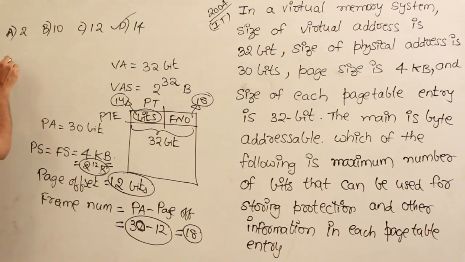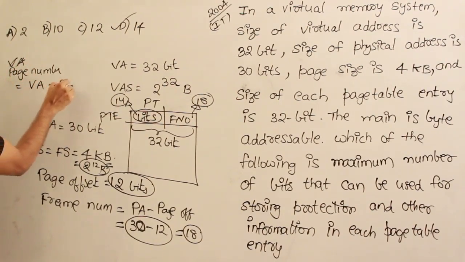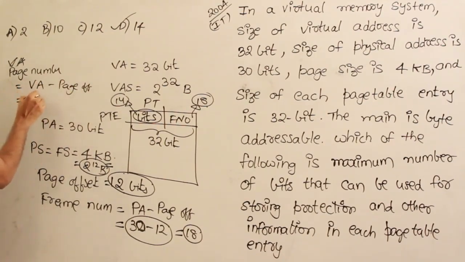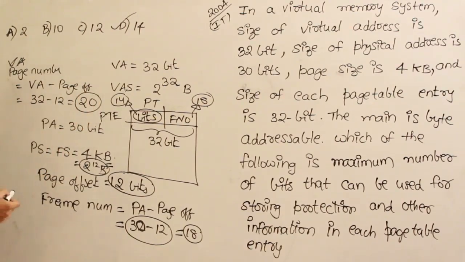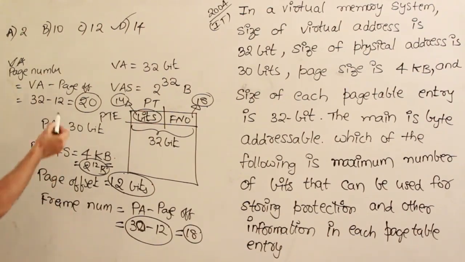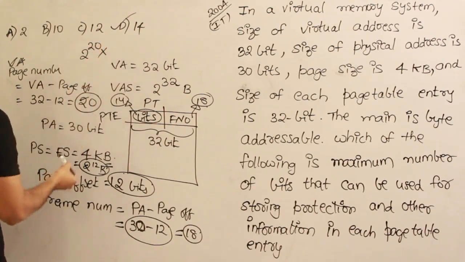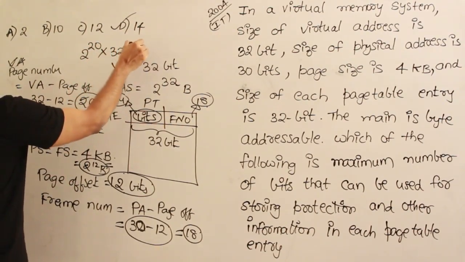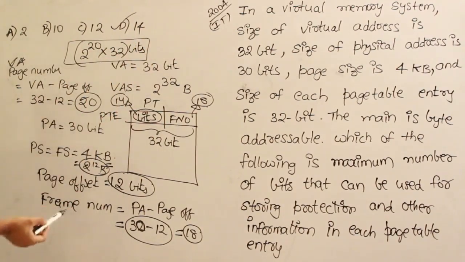If the virtual address is 32 bits, then page number bits equal virtual address minus page offset, which is 32 minus 12, that is 20 bits. 20 bits are required to identify the page number, so the total number of pages is 2 power 20, and each page table entry size is 32 bits. Therefore, this is the total page table size. They didn't ask you this, but still, using the information, you could even calculate it.